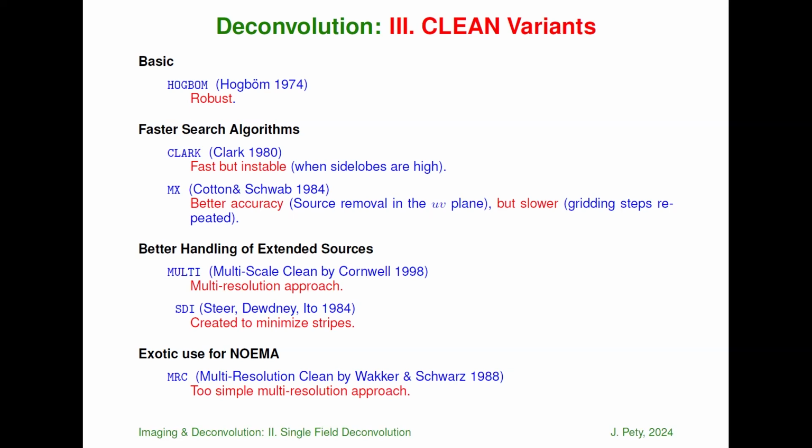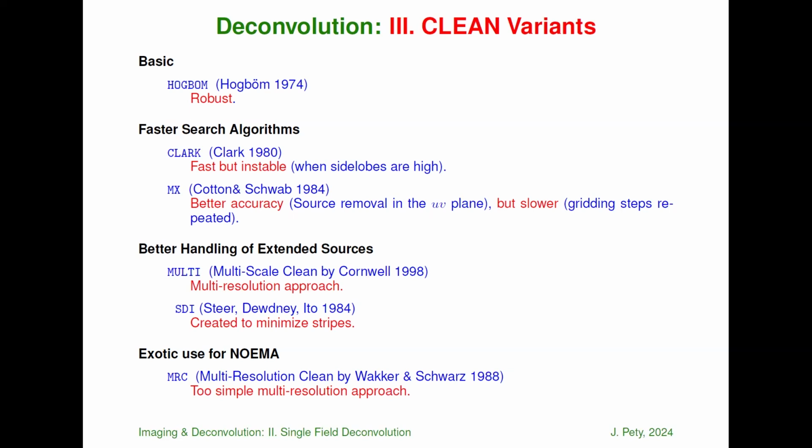So instead of using one point source, you're using a support around it, and that's what you're putting into your clean component list.